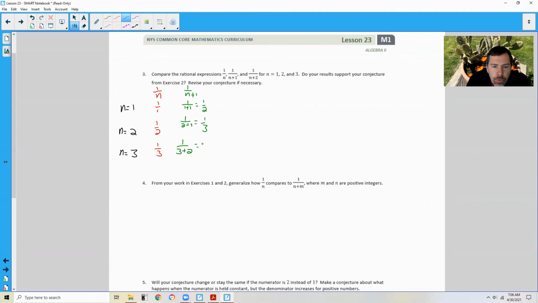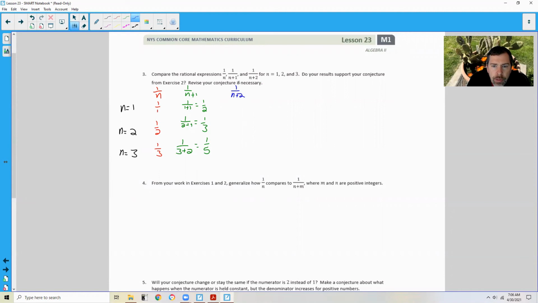So that's going to equal 1/5. Okay, so we have this equal to 1, and this is 1/2, and this is 1/3. Now we have 1/2, 1/3, 1/5. Now let's do 1 over n plus 2.